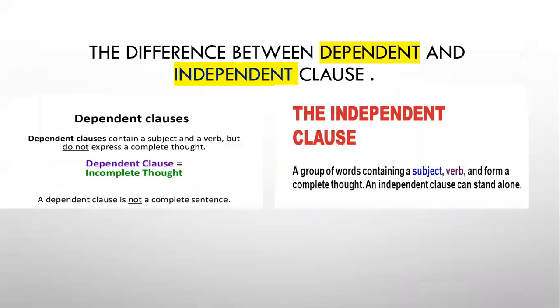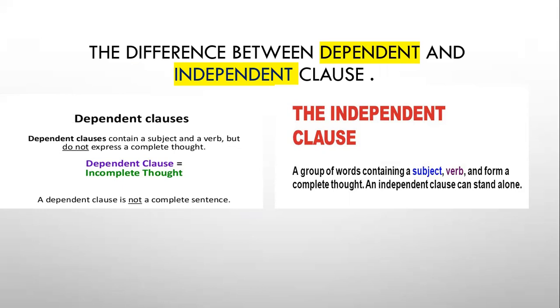So again, what is the difference between dependent clause and independent clause? As I told you, dependent clause means it is a clause that contains subject and verb but doesn't express a complete thought or give complete meaning. It needs another clause to complete its meaning. It can't stand alone.